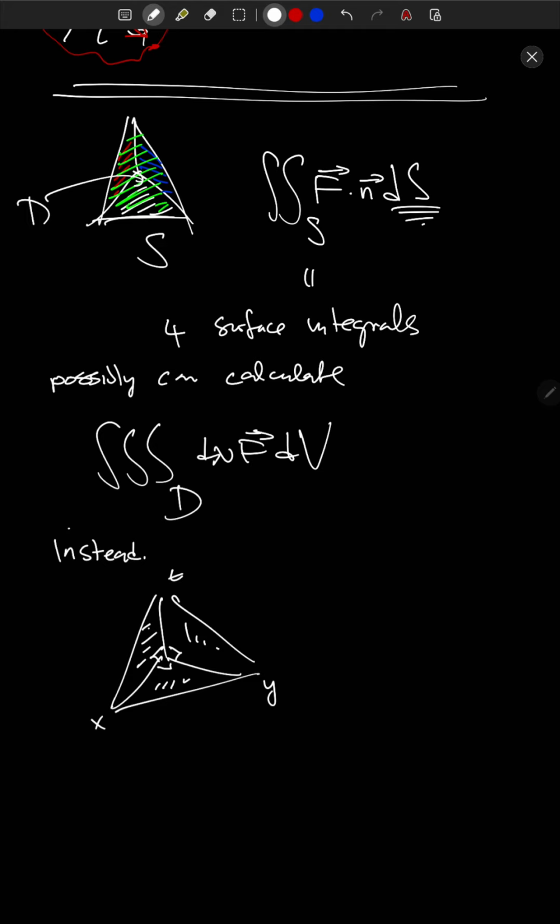Then you're actually only going to need to do one volume integral, where you integrate dz first from 0 up to this front plane, and then the shadow of your region would be this triangular region down here. So you would only need to do one triple integral, as opposed to four surface integrals.